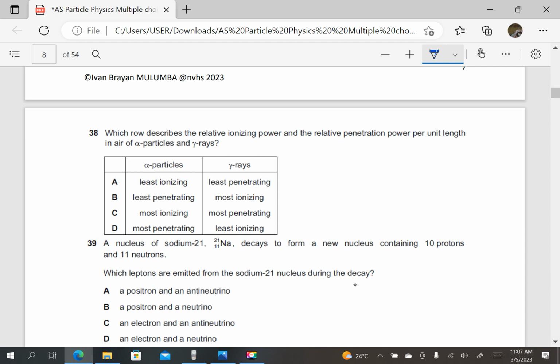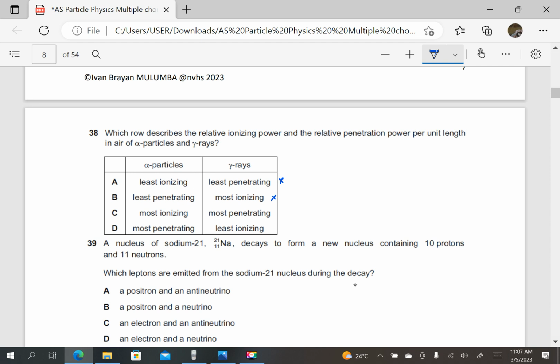So if anywhere they said it is least penetrating, then we can cancel out that. So here they said gamma is the least penetrating. That is not true. And they are saying gamma is the most ionizing. That is not true because gamma has no charge, and ionization mostly depends on charge.